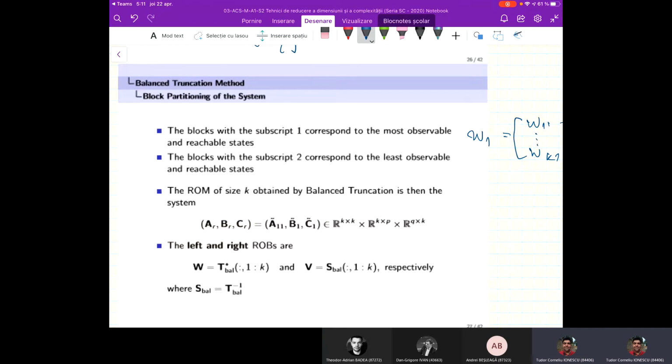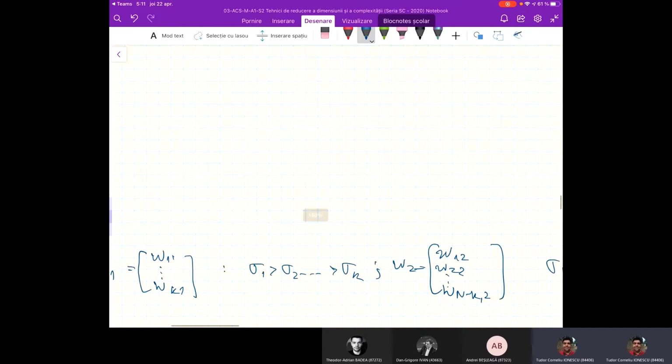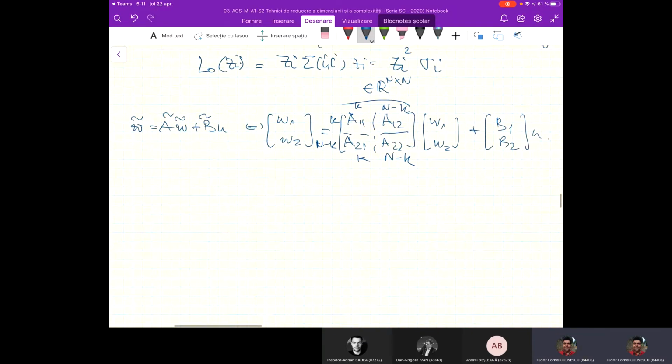We've been through that. So how do you take the reduction? You go back to this partition, and you neglect the dynamics.